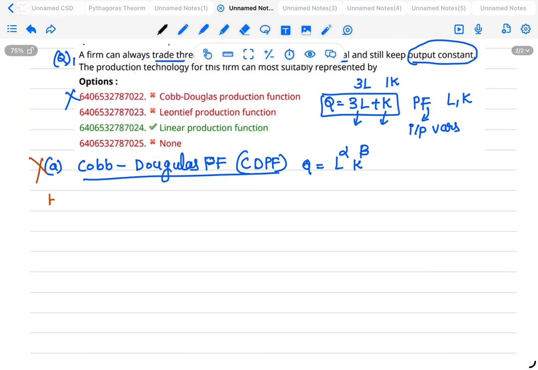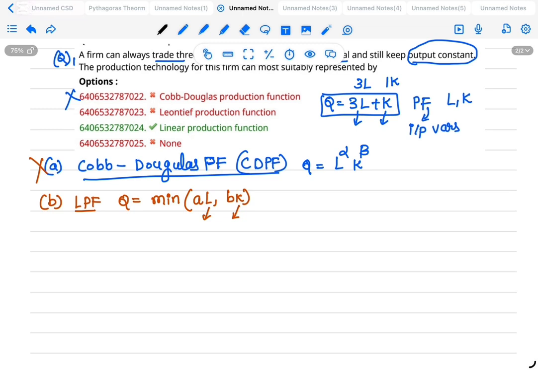Next, the Leontief production function. What is meant by the Leontief production function? LPF, the Leontief production function. In it, the firm output Q is represented in terms of the inputs labor and capital as the minimum of AL, BK. This is the standard representation. Here L and K are both inputs, and A and B are constants.